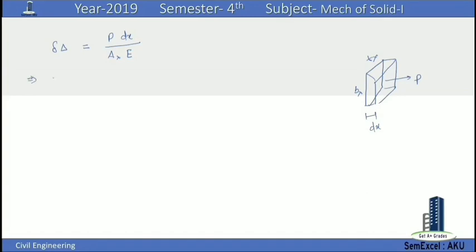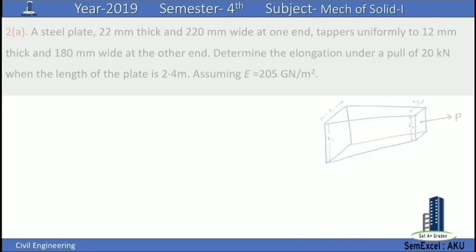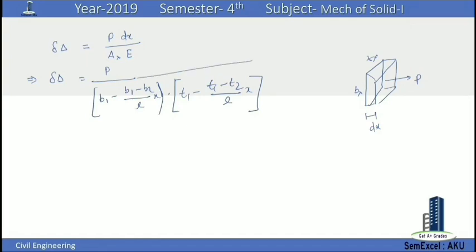Again we can write del delta is equal to P by AX. We have calculated AX. We'll put that value in that equation. So it will be equal to B1 minus B2 by L into X into thickness T1 minus T2 by L into X into dx.